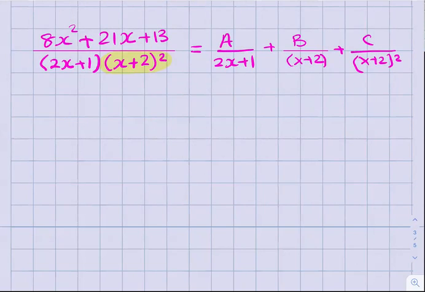Okay, that's important because the x plus 2 squared is a repeated factor. Then we need to write it twice, once for each power. So that's x plus 2 to the power 1 and x plus 2 squared.